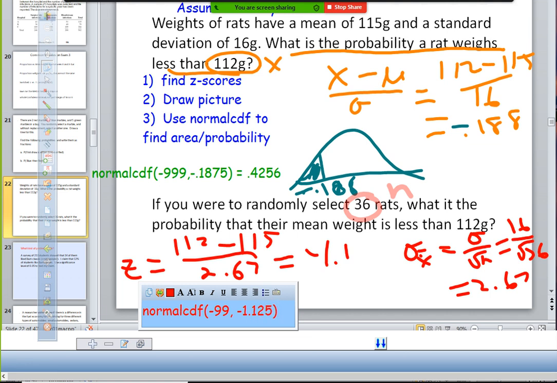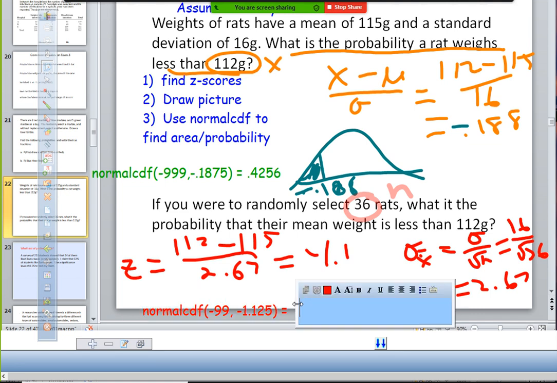And you will get almost the same answer either way. Anyone? 0.14 something?